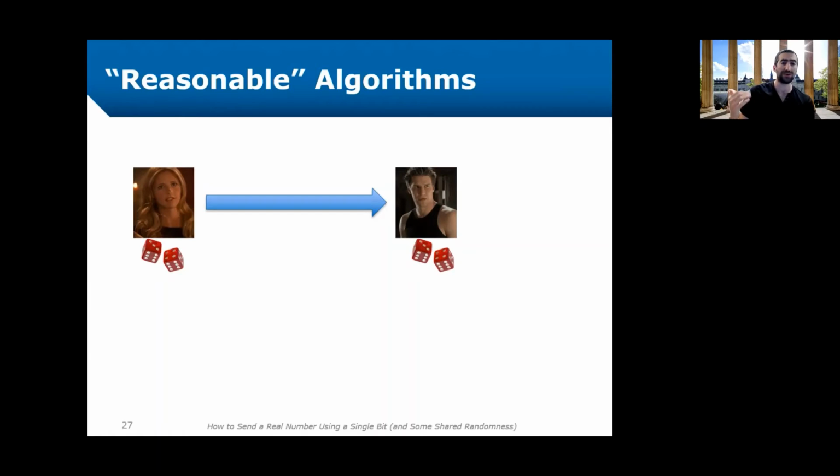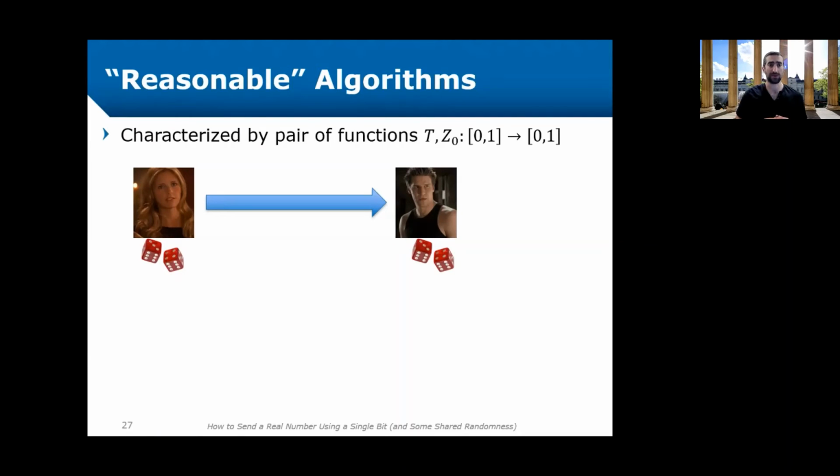Now, before we talk about other algorithms, I want to give you a characterization of all the reasonable algorithms in this domain. I claim that it's enough to look at algorithms as a pair of two functions, T and Z0, that map numbers between 0 and 1 to numbers between 0 and 1.